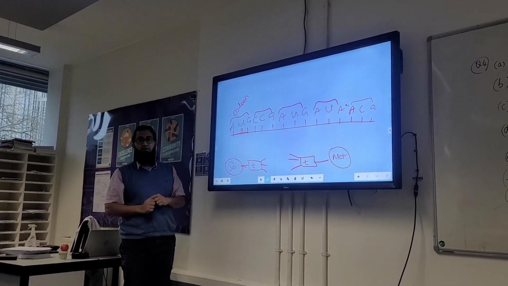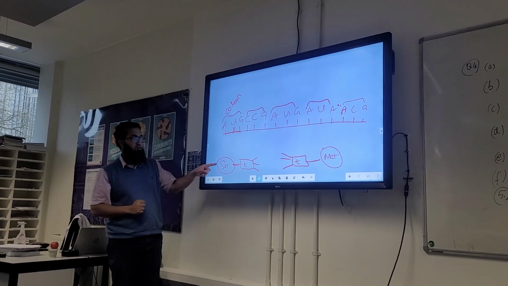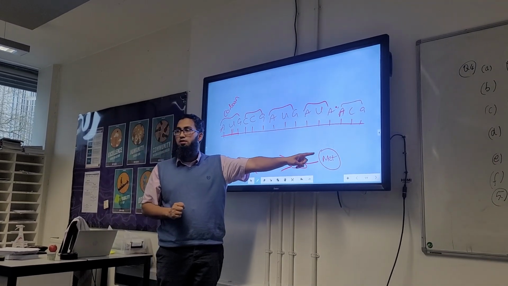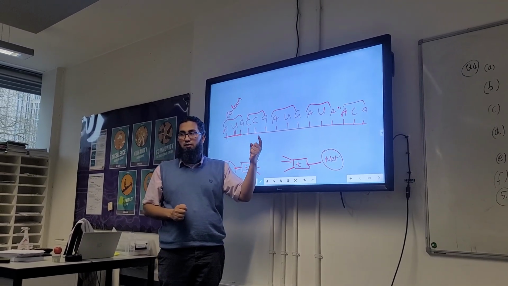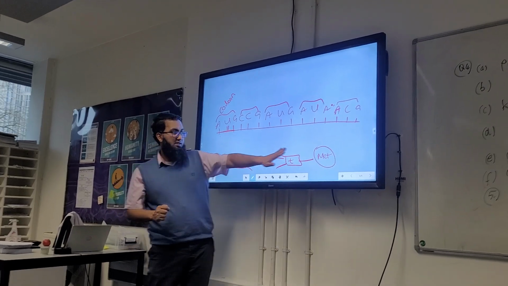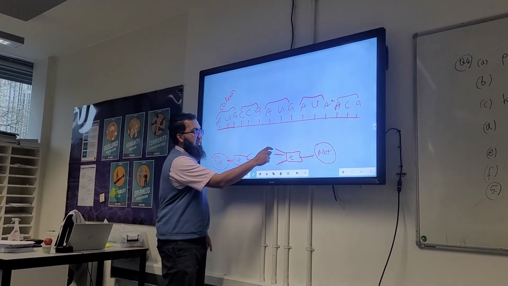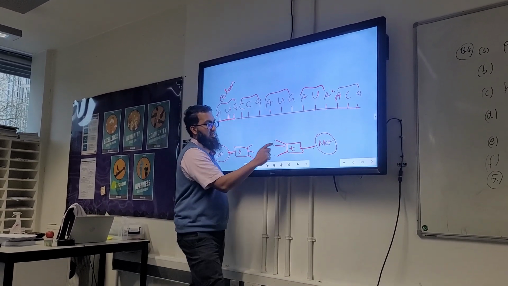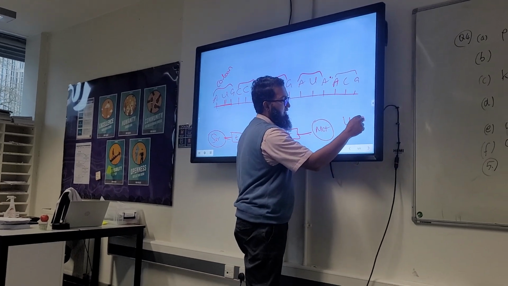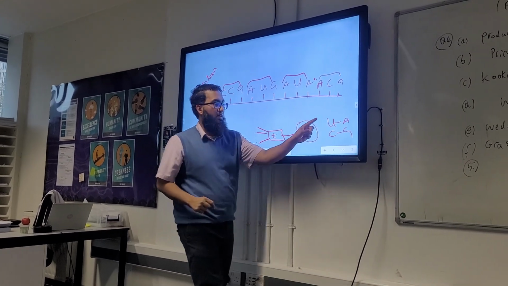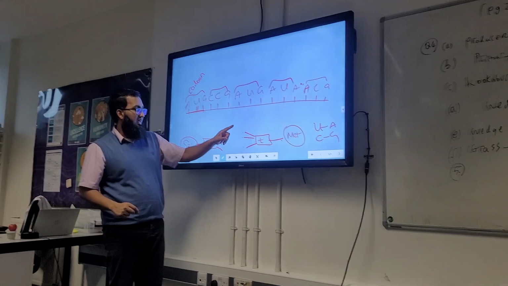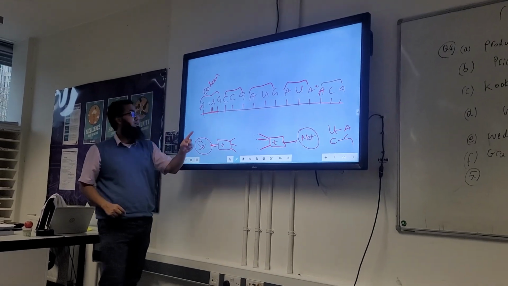AUG, which amino acid should it code for? This one or this one? We don't know, but we do. If it wants MET, these bases, U, A, C, G, any of these 4 that will be here, have to be complementary to here.